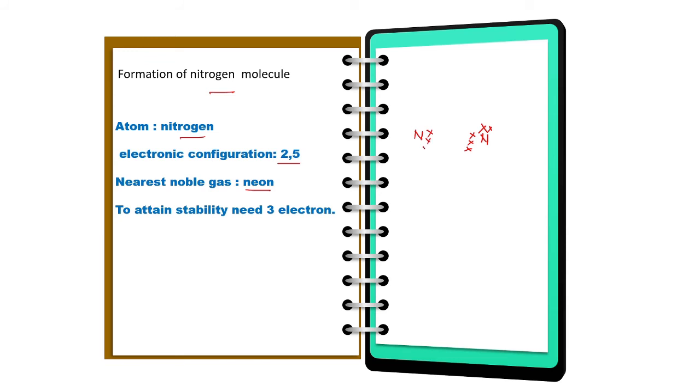So each nitrogen will contribute 3 electrons to form 3 mutually shared pairs, resulting in formation of a triple covalent bond.